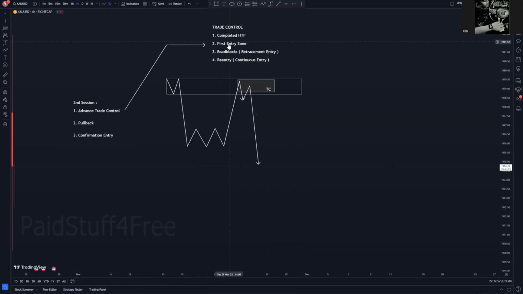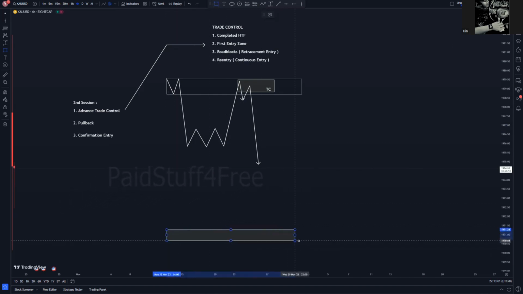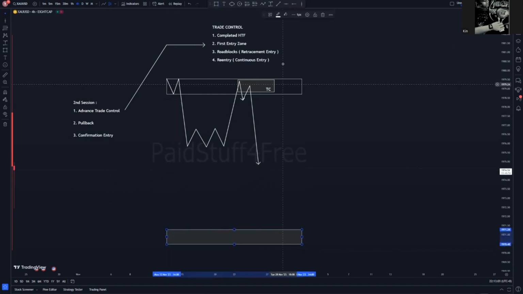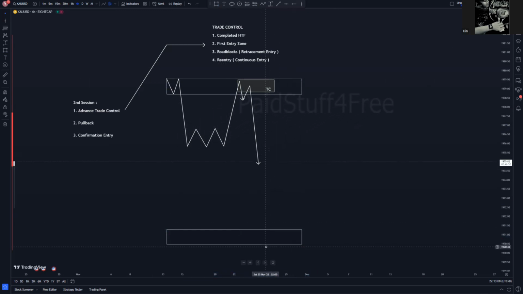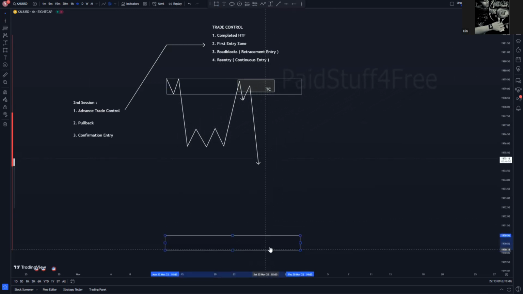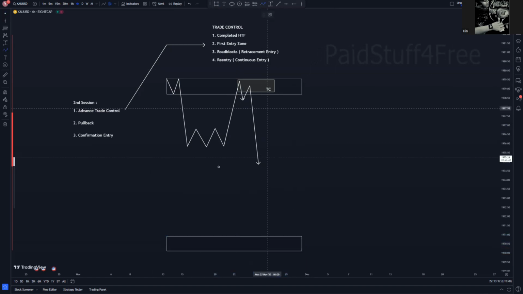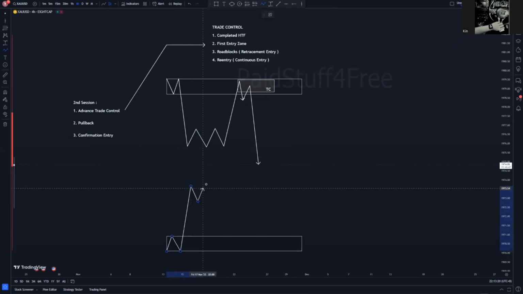The second one is the first entry zone and how it works. We need to understand how it works. The first one, we're going to have an engulfing buy on H4. Then the price makes the pullback and gets into the zone.